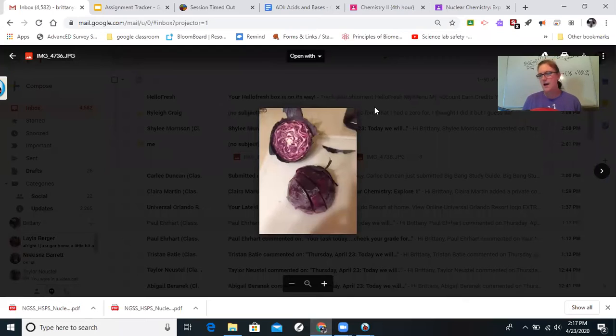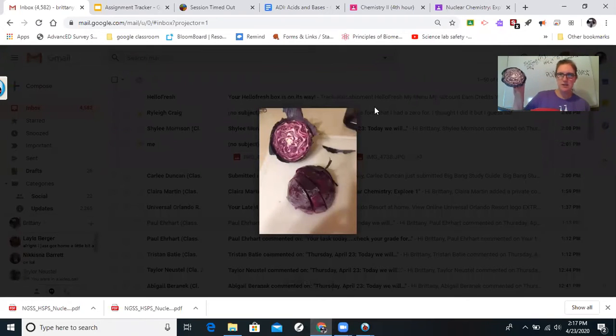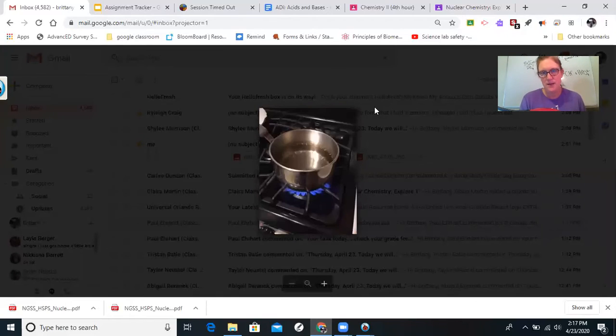So I used cabbage, okay? You can make an indicator. You know, we had used phenolphthalein earlier this year. Cabbage also is a really good indicator because it will indicate the acidity and the basicity of substances, okay?